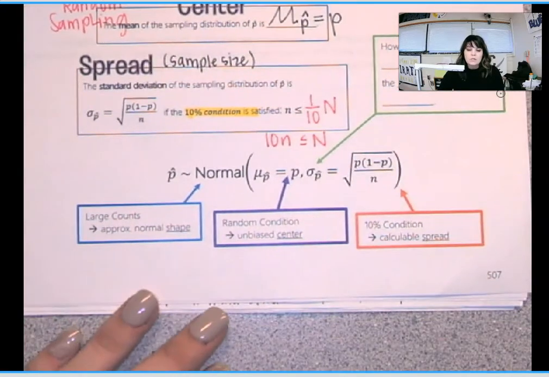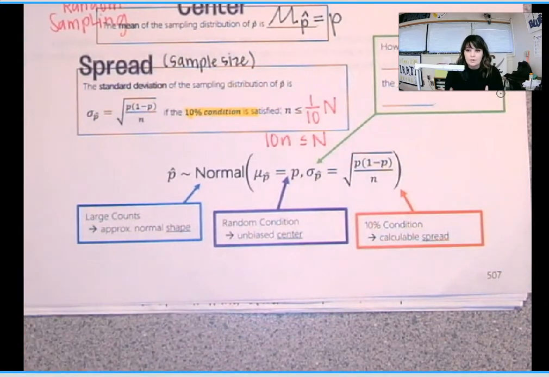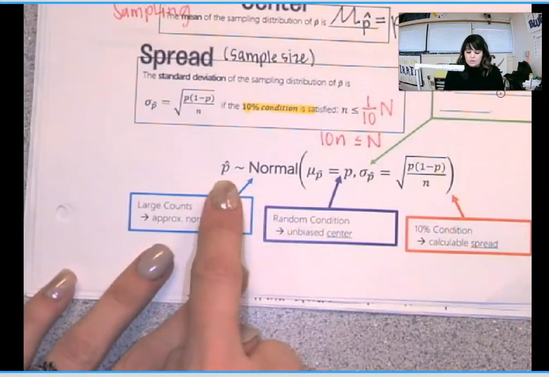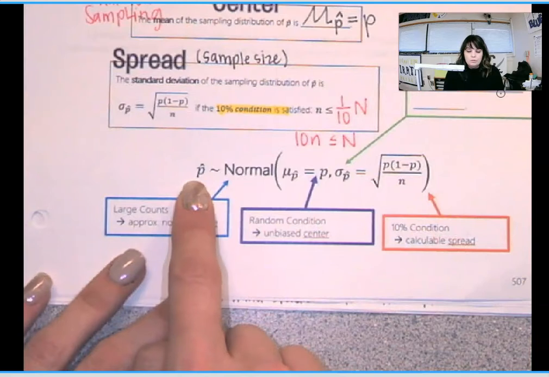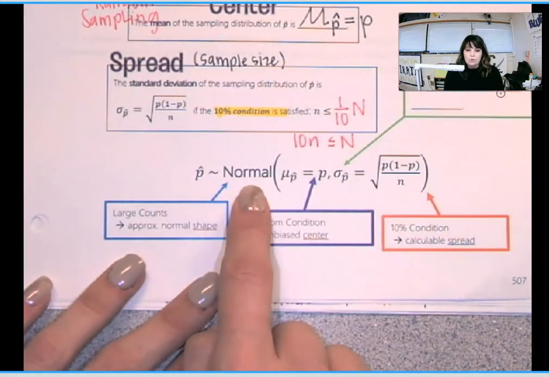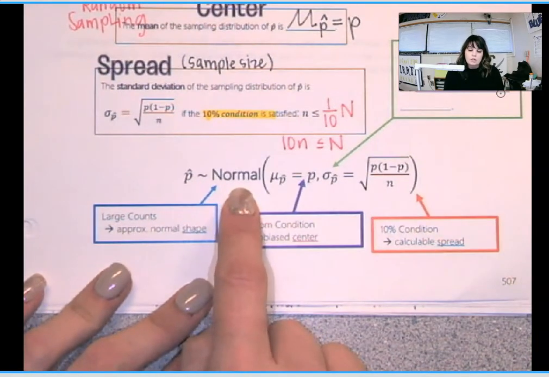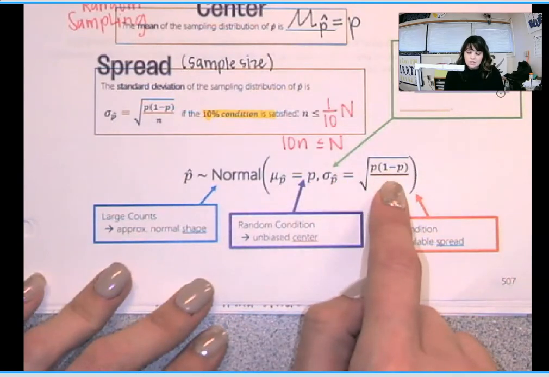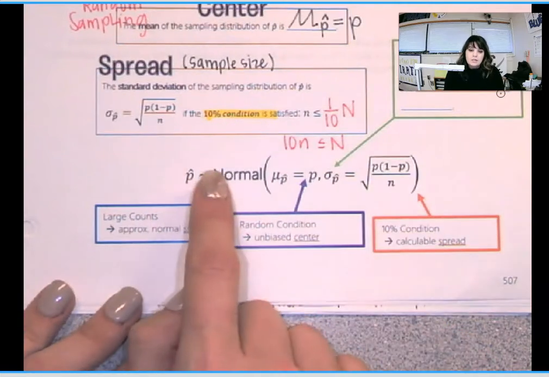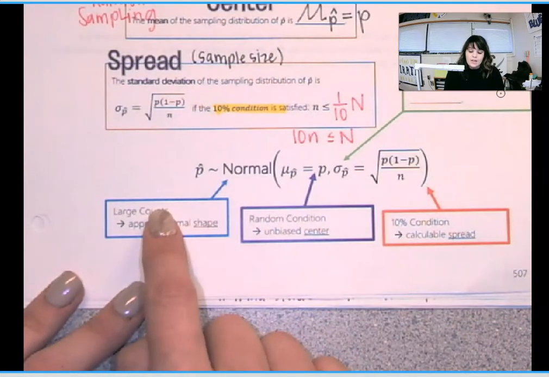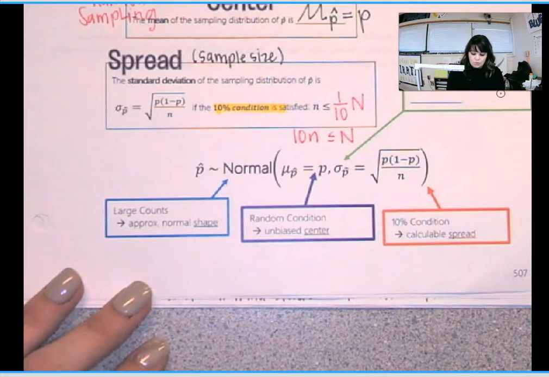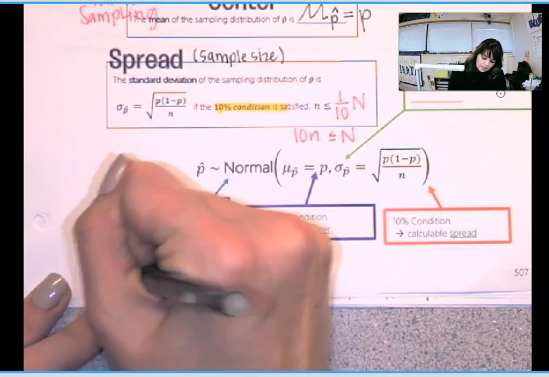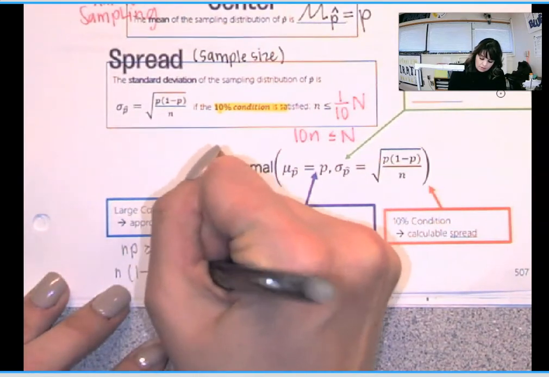This is the most important part of this entire page. This is a summary of all the things you see up here. They're saying a sample comes from a normal distribution that is centered at the true value and has a standard deviation that can be calculated. It is normal if you satisfy large counts. Now remember, that's your n times p greater than or equal to 10, n times 1 minus p greater than or equal to 10.